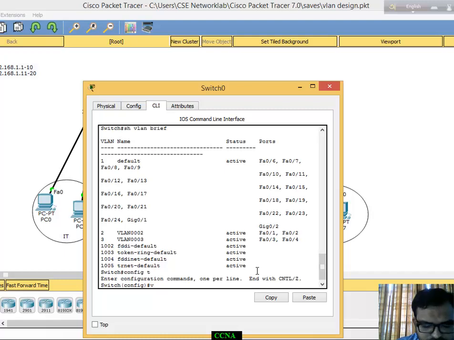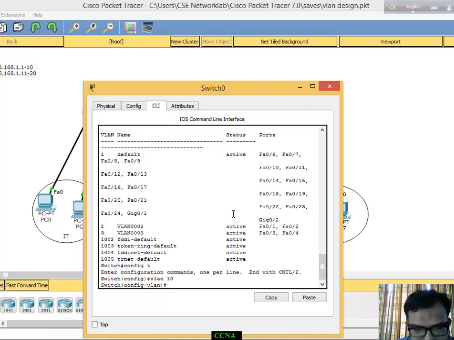First of all, VLAN and VLAN. Suppose VLAN 2 or 3. Here we build VLAN 2 or 3. Now we build VLAN 10 and 20. So VLAN 10.